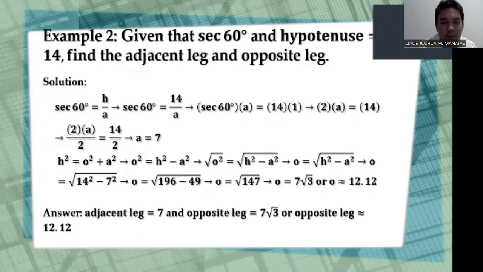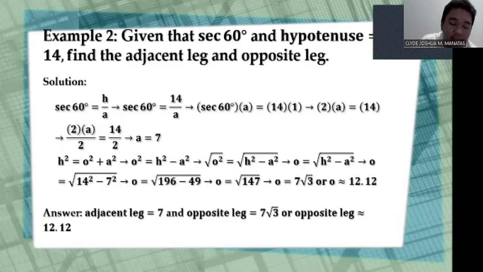Then cross multiply: secant 60 degrees times adjacent is equal to 14 times 1. Then we simplify. Secant 60 degrees is equal to 2, so 2 times adjacent is 2A, and 14 times 1 is 14.